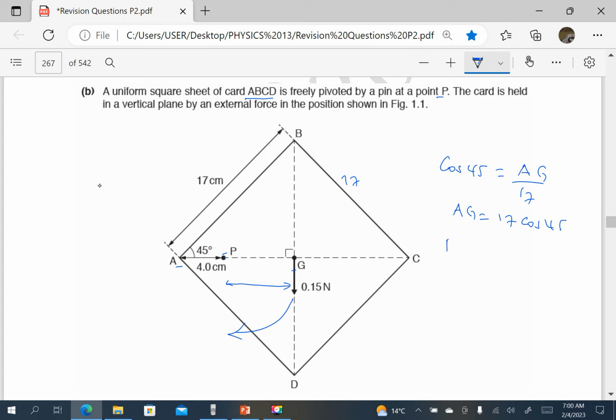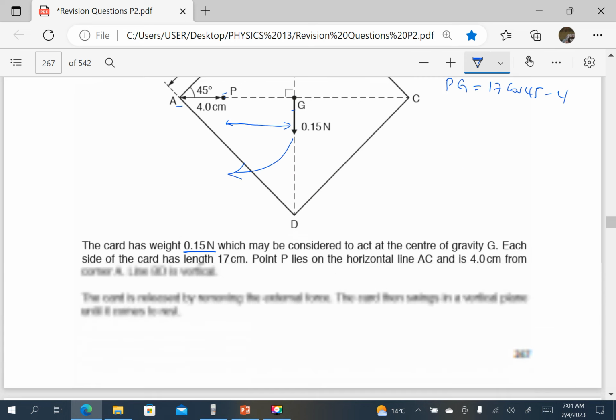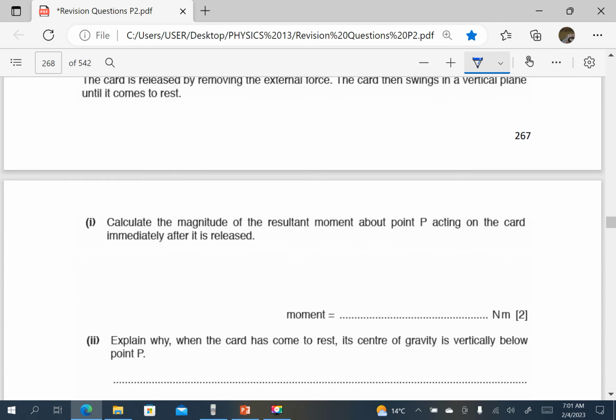That means the distance P to G is going to be 17 cos 45 minus 4 centimeters, because I want the perpendicular distance of the weight from point P. So the distance of the center of gravity from P is equal to the distance which I've called G to P, which we have seen is 17 cos 45 degrees minus 4.0. That is the distance.